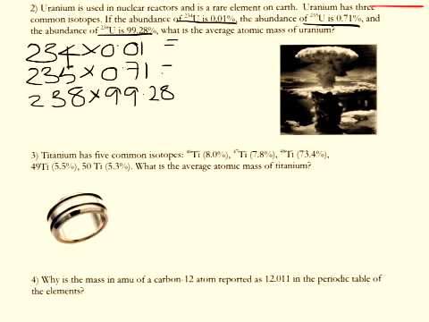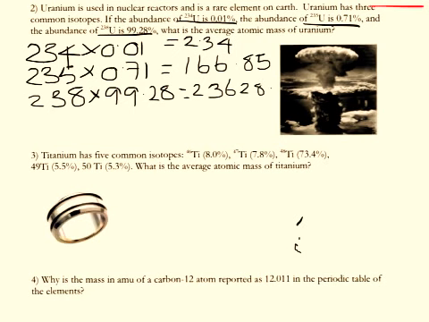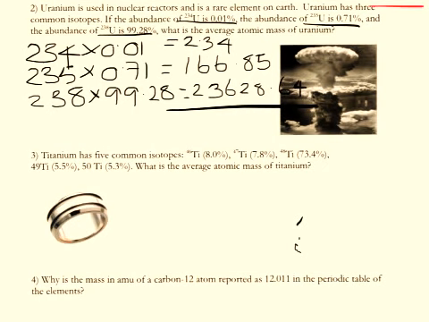Okay, so it's a simple case of multiplying those 3 together. What we should have is 2.34 and 166.85 and 2368.64. We add those together. What we're going to have then is 23797.83.